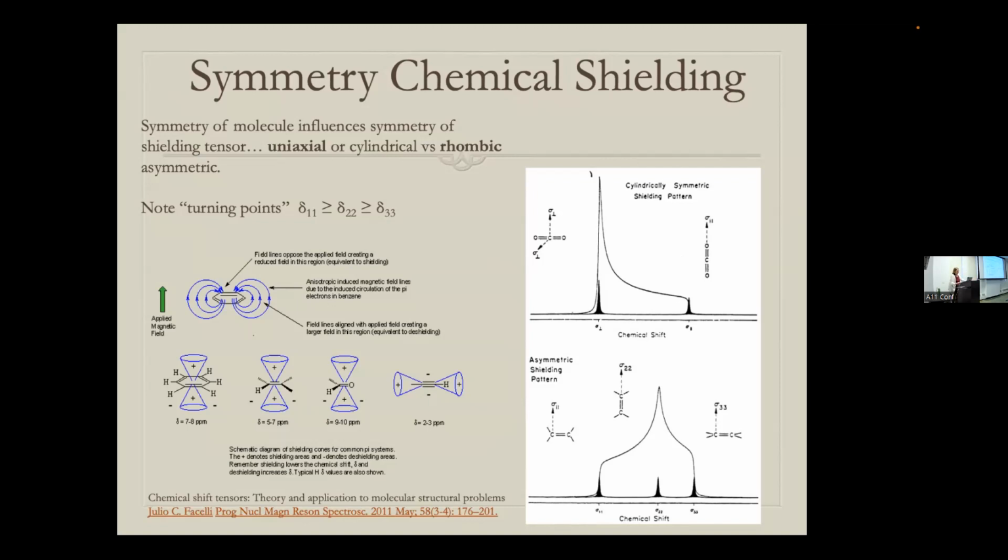And the rhombic or asymmetric tensor has 3 turning points. Sometimes people use that phrase. So it has a left edge, left shoulder, right edge, right shoulder, and a peak. The uniaxially symmetric tensor has just the 2 edges that you could report and compile, and you would do that in parts per million relative to a reference compound.